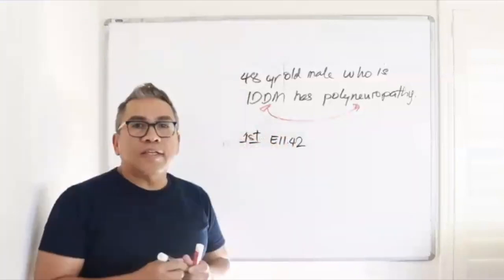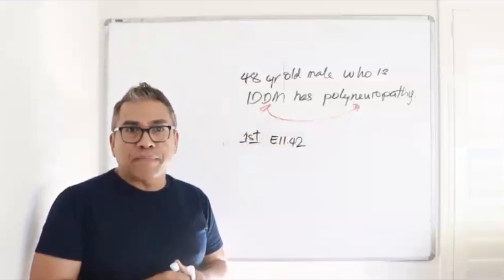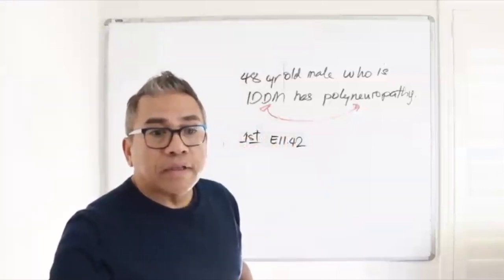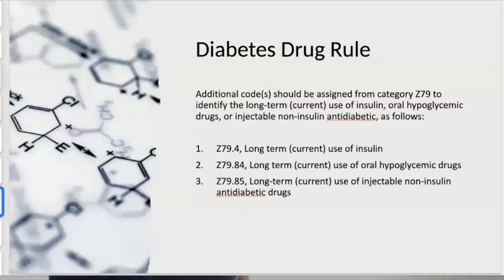And what does the coding convention follow-up instruction say? Let's go back here. What does it say? What is the drug rule? Additional code should be assigned from category Z79. And if we're talking about a long-term use of insulin, Z79.4.